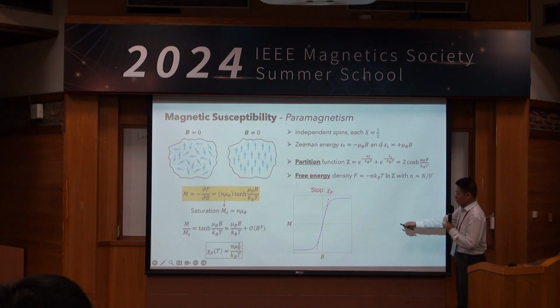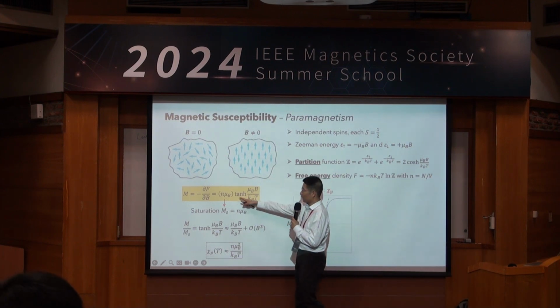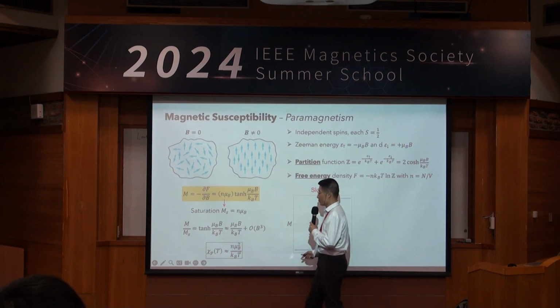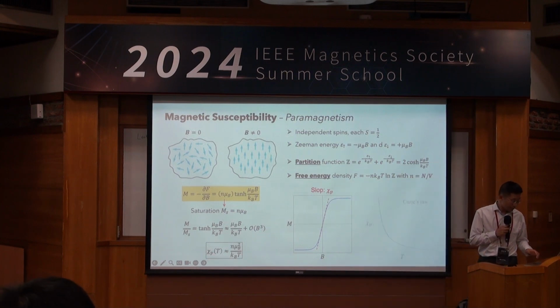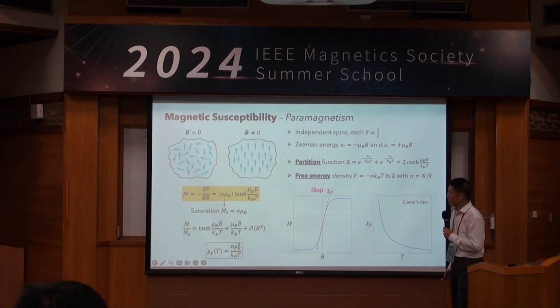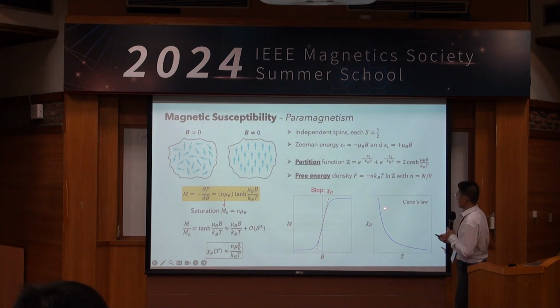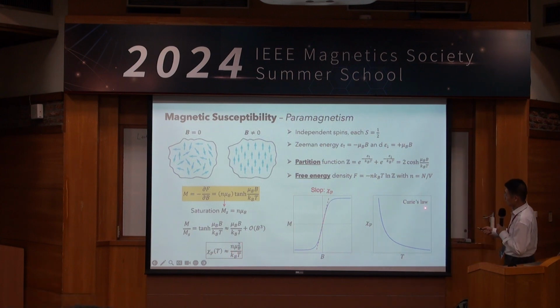The slope around zero field, or the linear response region, can be extracted by a direct Taylor expansion of the tangent function. This slope is known as the Curie susceptibility, and the way that the slope depends on temperature is known as Curie's law of paramagnetic susceptibility.